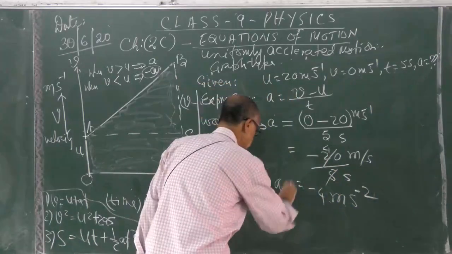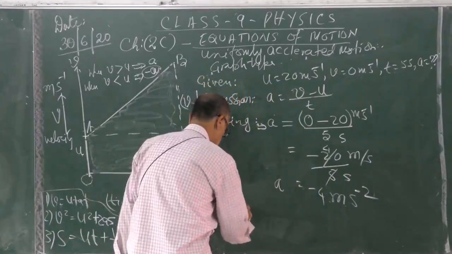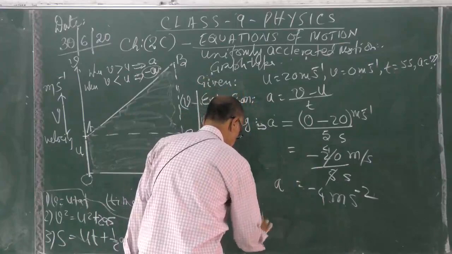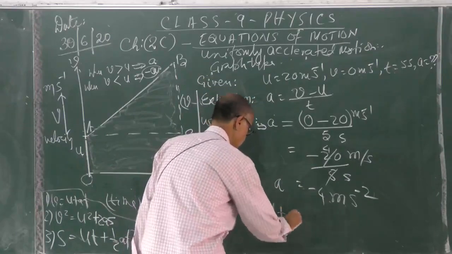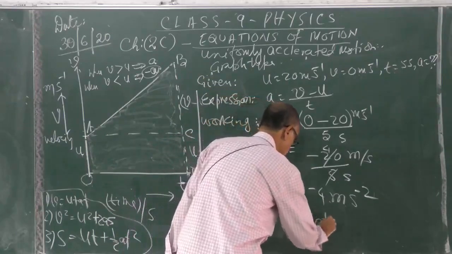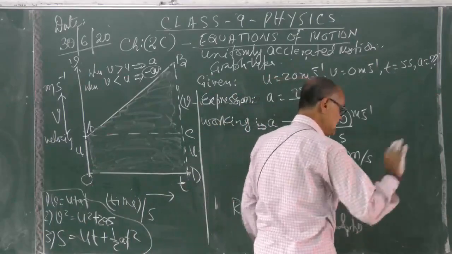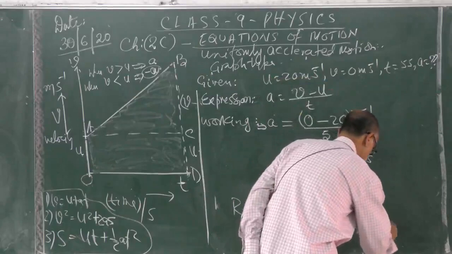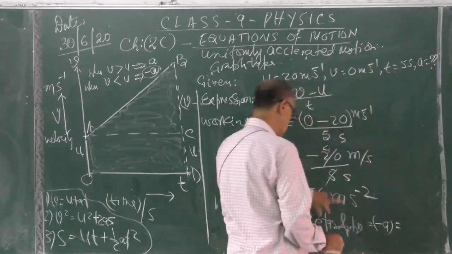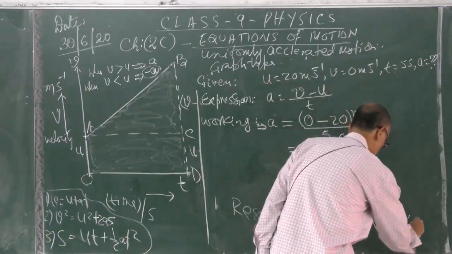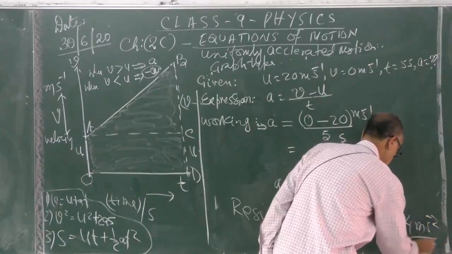And we are getting the acceleration. Now what is retardation? The result should be in retardation form. Retardation will be negative acceleration, that is minus acceleration. That means it will become positive, so it will be 4 meter per second square.